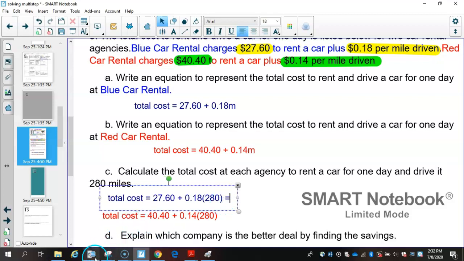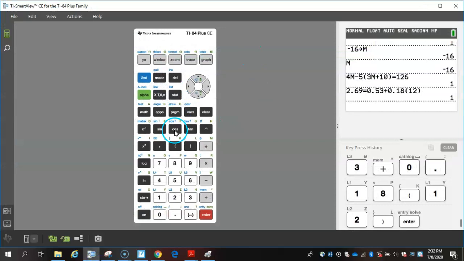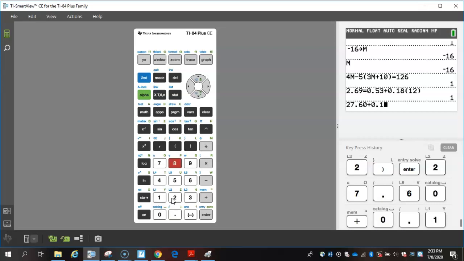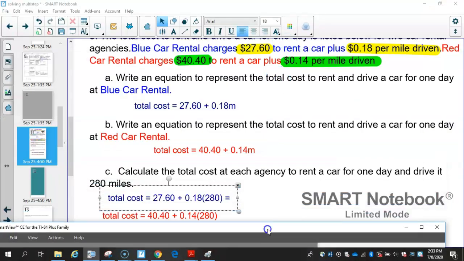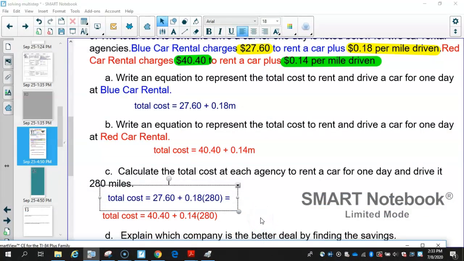So I'm going to go ahead and pull up my calculator. 27.60 plus 0.18 times 280. $78. This is in dollars right now because we're looking for the total cost.